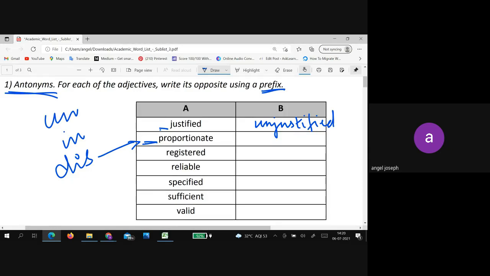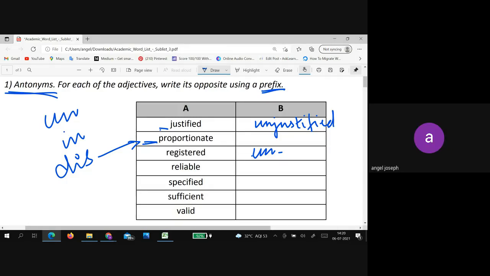All right. So registered. It is a registered number. Let's say it's not a registered number. What will we say? Unregistered. Very good. So we'll put un in front of the word and there you go. Reliable. She is a reliable person. നമുക്ക് ഡിപെൻഡ് ചെയ്യാൻ പറ്റുന്ന ഒരാളാണ്. Otherwise, ഒട്ടും റിലൈ ചെയ്യാൻ പറ്റാത്ത ഒരാളാണെങ്കിൽ what do we call such a person?